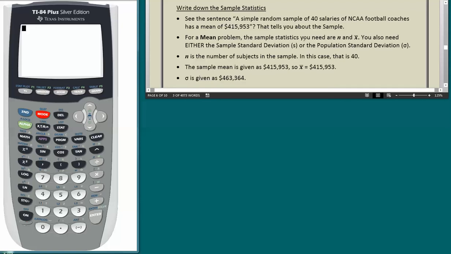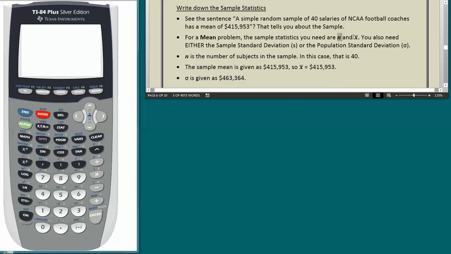Well, let's see how this applies to our problem. We need n and we need x bar. n is the number of subjects in the sample. In this case, it's 40. The sample mean is given as $415,953. So x bar is that amount, $415,953.